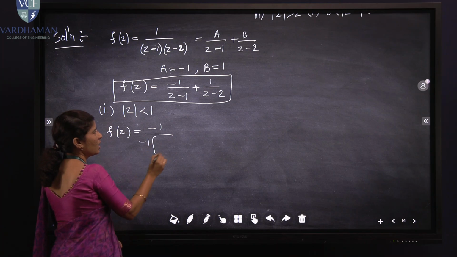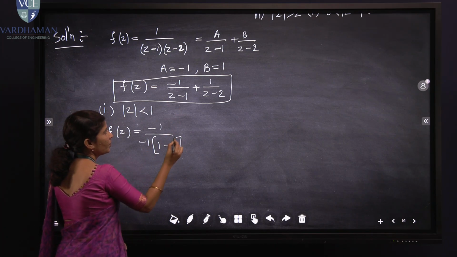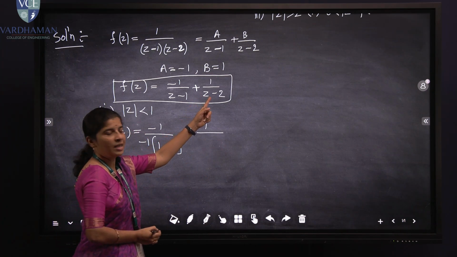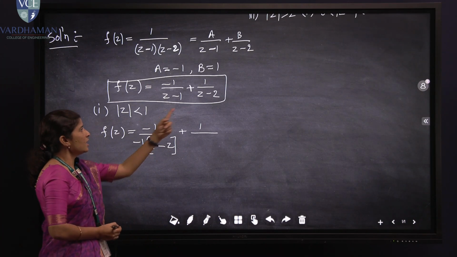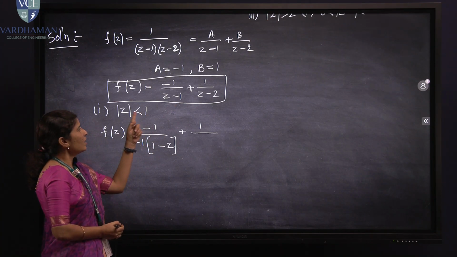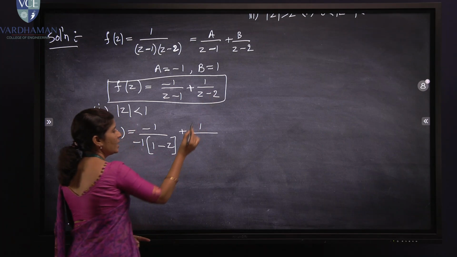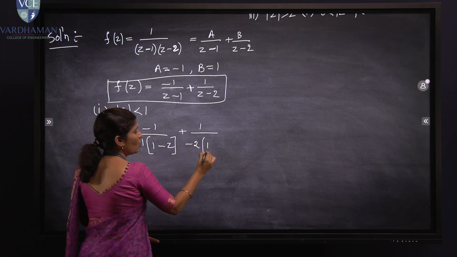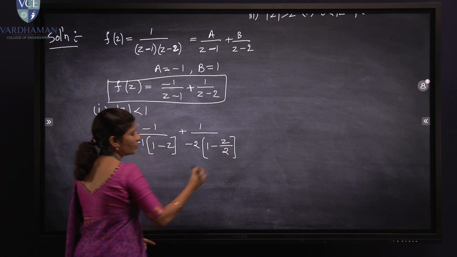If we take minus 1 common, here we get 1 minus z, plus 1 upon, and it is clearly given z and 2. In z and 2, 1 is greater means 2 is also greater, so here we have to take minus 2 common, and if we take minus 2 common, here we get 1 minus z by 2.